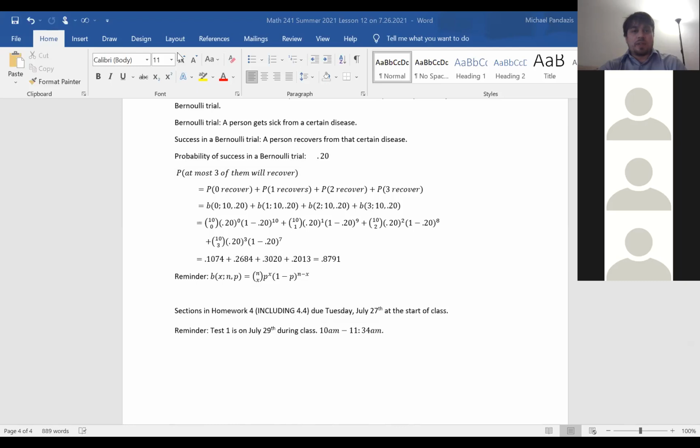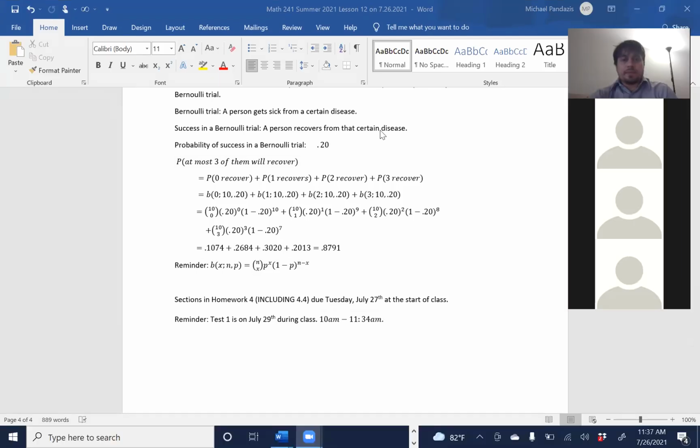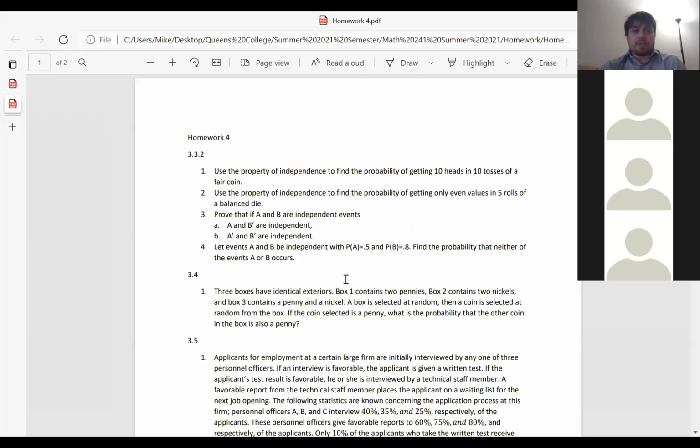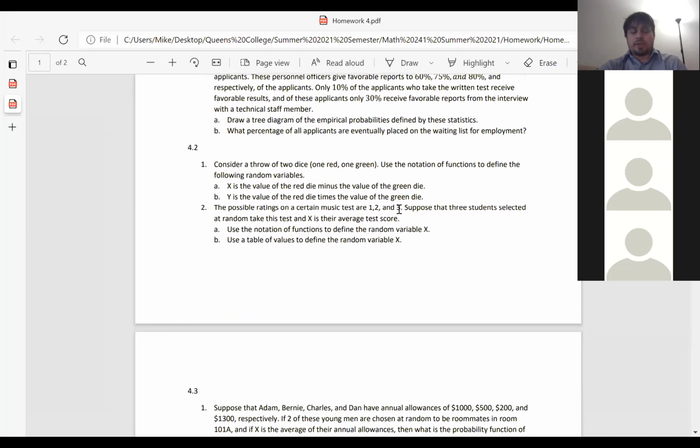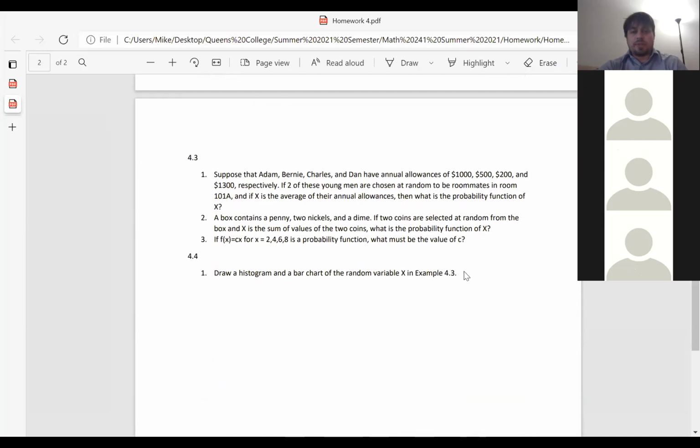And so homework 4, here we go, homework 4. This is what's due tomorrow, right? Hopefully you worked on it over the weekend. I'm just adding this one more question: draw a histogram and bar chart of the random variable x in example 4.3.